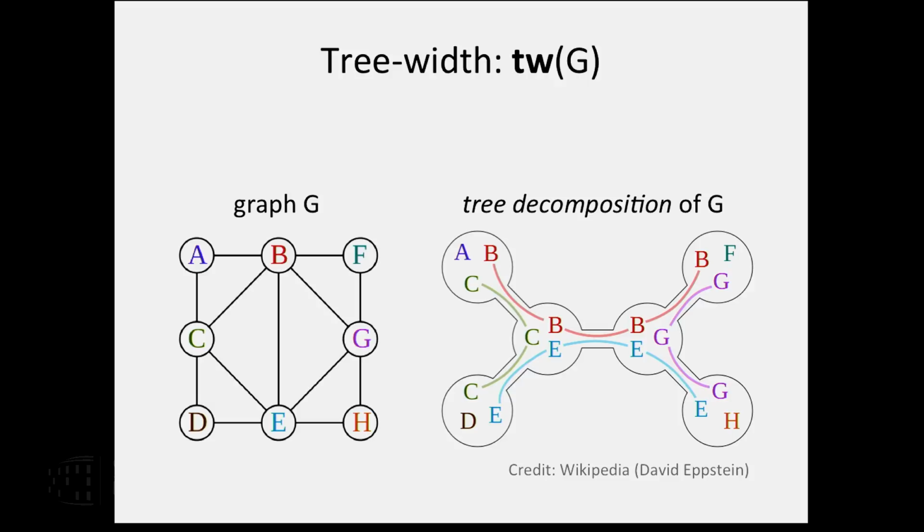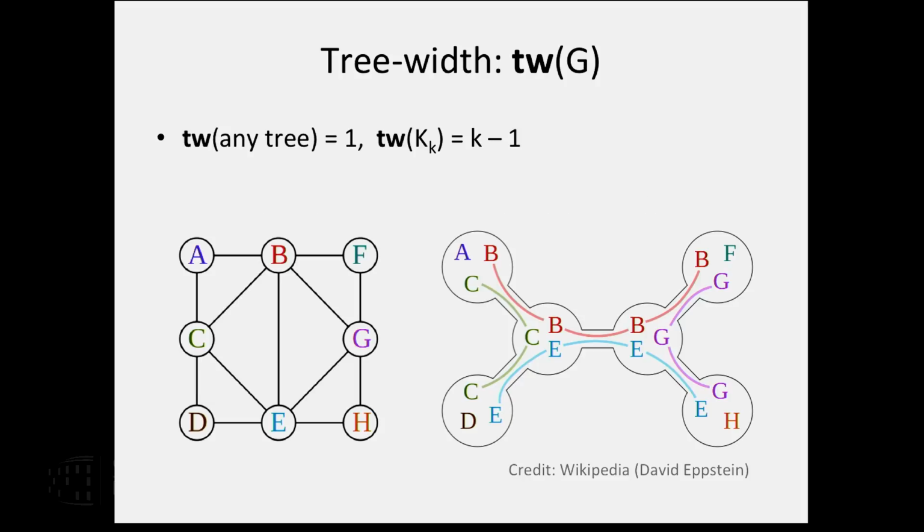Tree width is defined as essentially the size of the largest bag you need, minus 1. The definition actually isn't so important for the talk. Just to mention, any tree has tree width 1, and the complete graph on k vertices has tree width k minus 1.